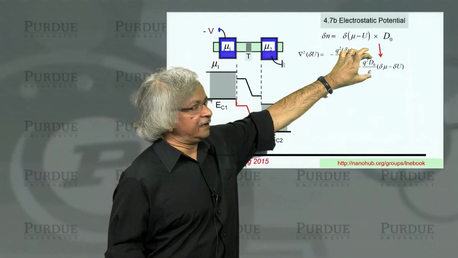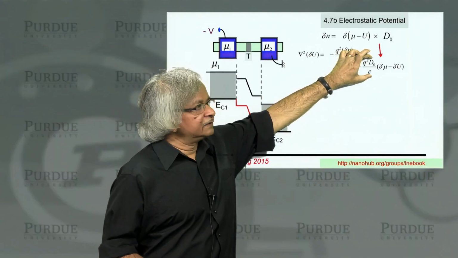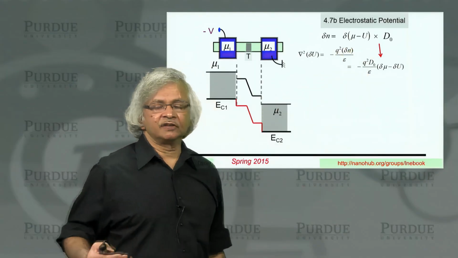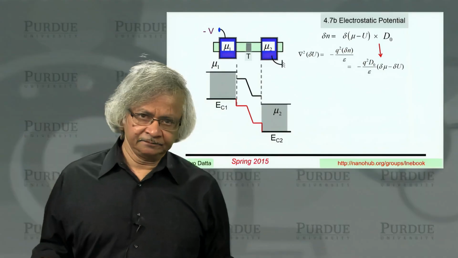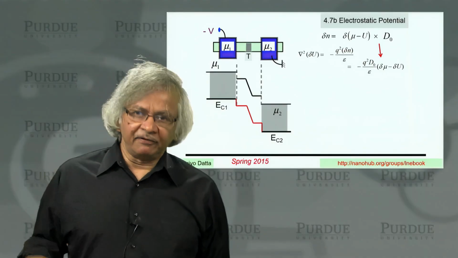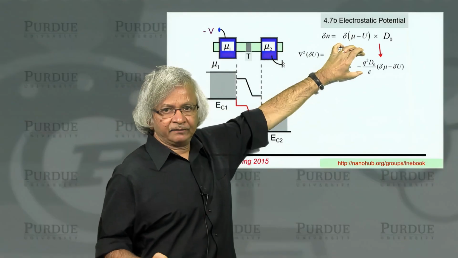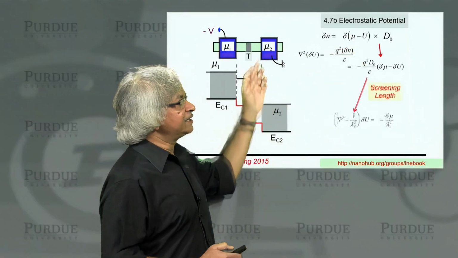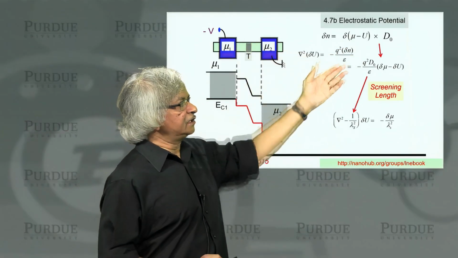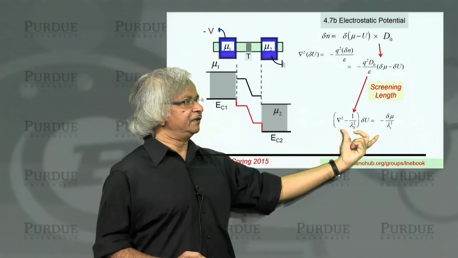Now this factor here has the dimensions of inverse length squared. And it can be defined actually as the inverse of the screening length squared. So you could rewrite this equation in terms of the screening length in this form.